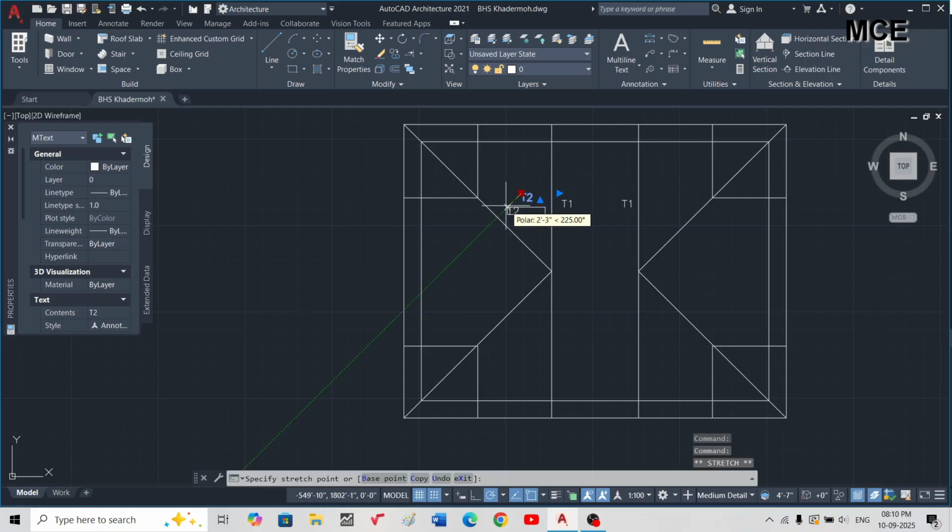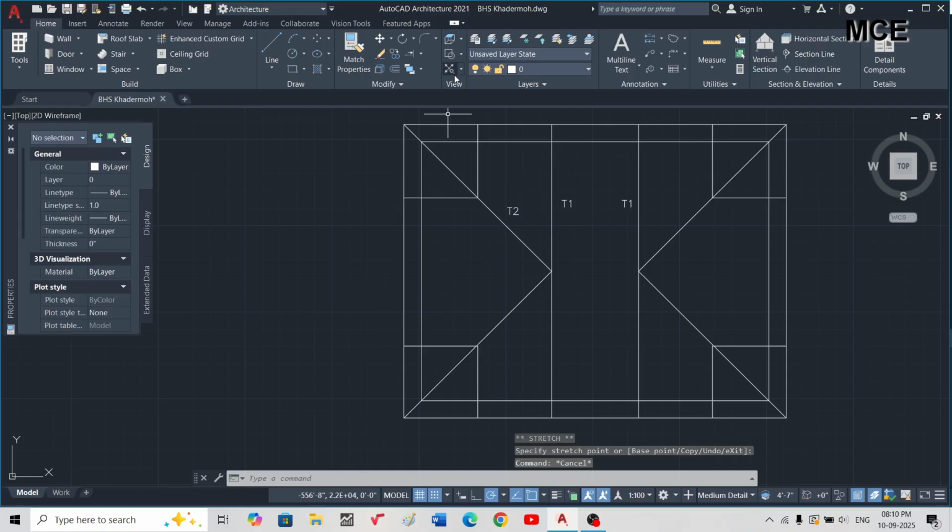So these large corner trusses are T2, T2, T2, T2.